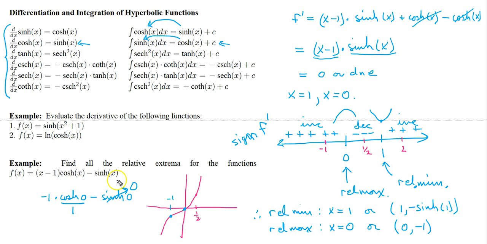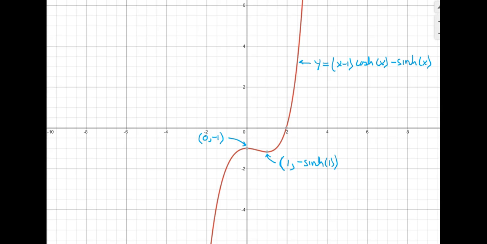Let's just take a quick look at the graph of this function and verify what we just found right here. Verify that these values represent relative extrema. And here we have the graph of the function that we just found the relative extrema for. That's the graph of y equals x minus 1 times the cosh of x minus the sinh of x. And we see from the graph we do have relative extrema.